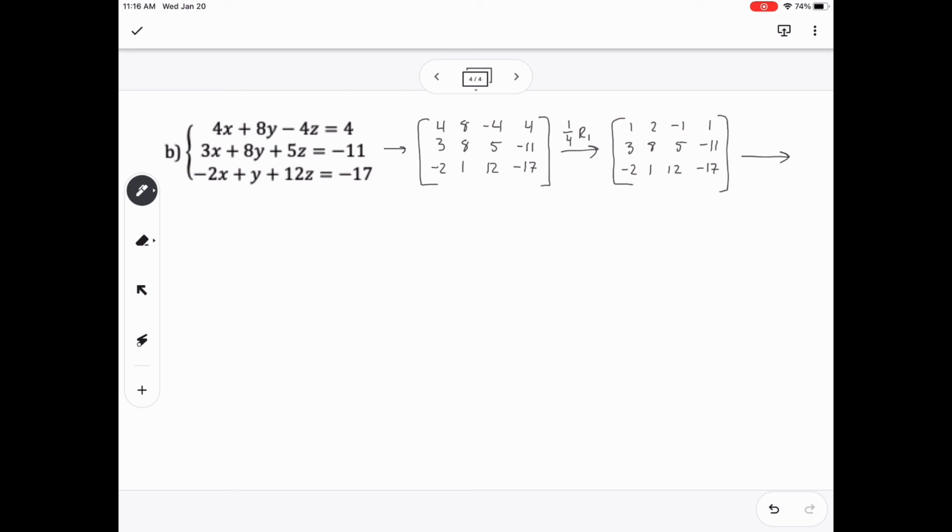Now I want that 3 to be a 0, so I'll multiply the top row by negative 3, the additive opposite, and then add it to the second row.